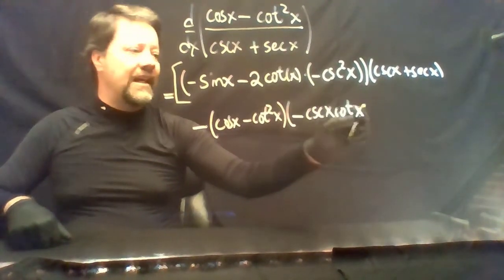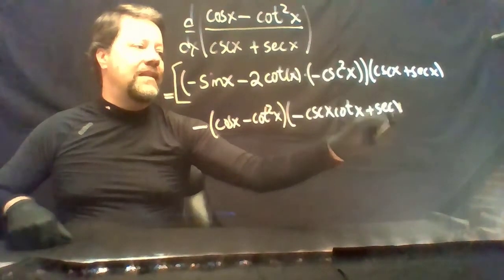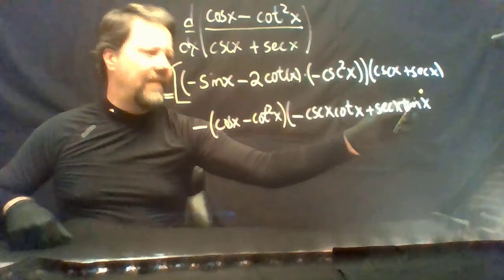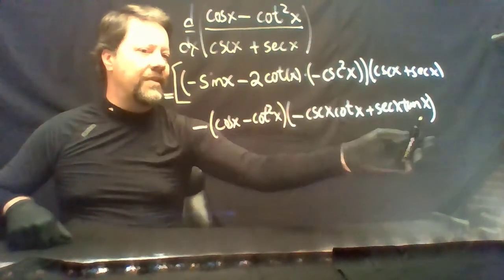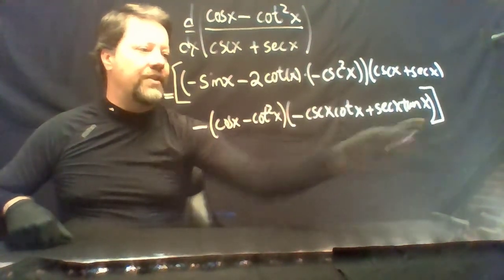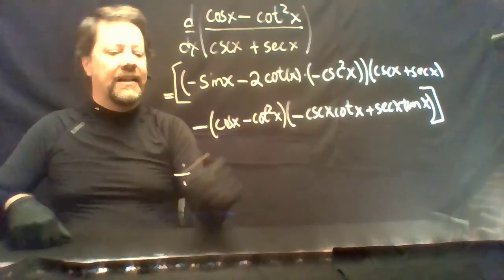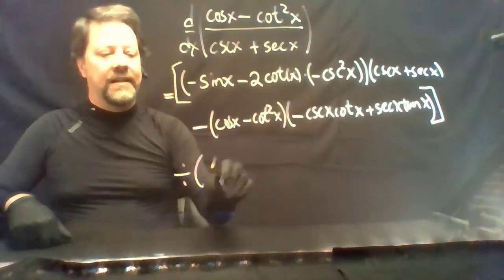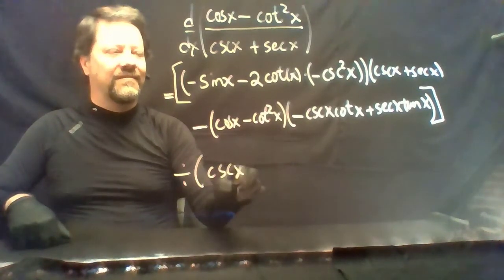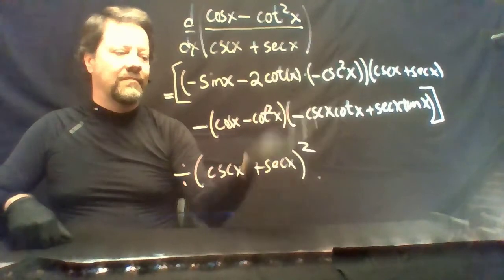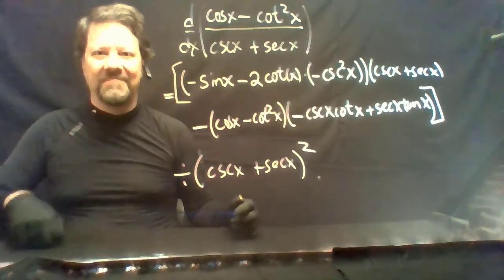The derivative of secant is secant x tangent x. And then we'll close this parenthesis here. That finishes the numerator. To that, we're going to divide the denominator squared. And we'll call that done.